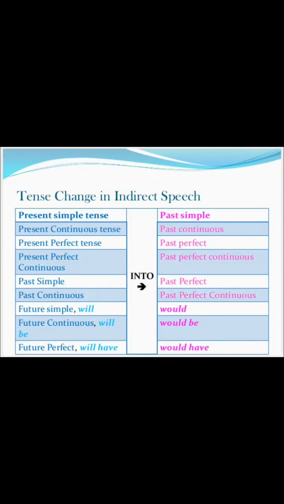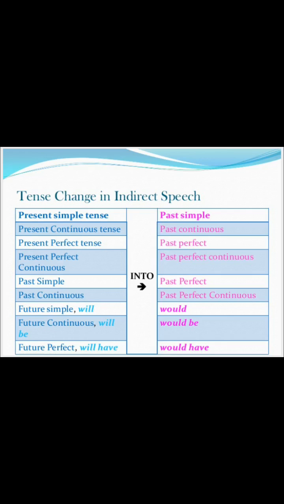I have already told you that all the tenses of the direct speech change into their past equivalent in the indirect speech. Suppose there is simple present tense in the direct speech, then it is to be converted into simple past tense in indirect speech.